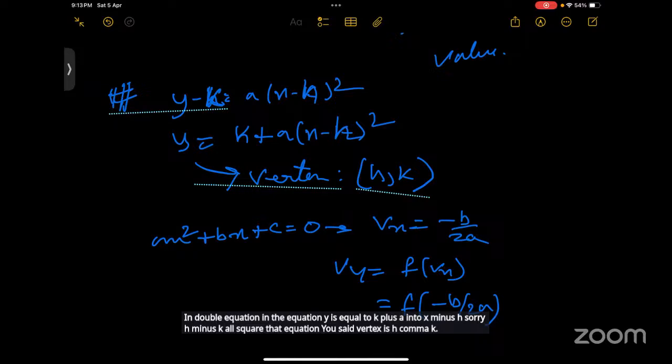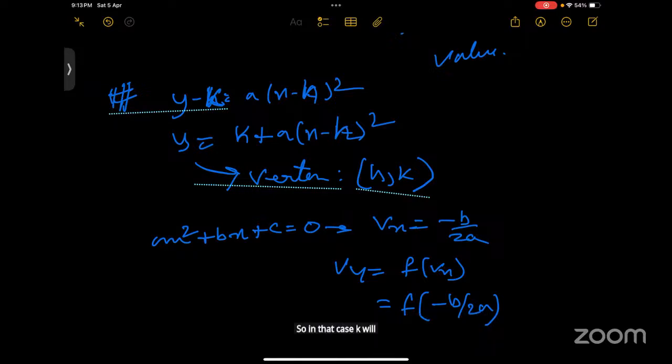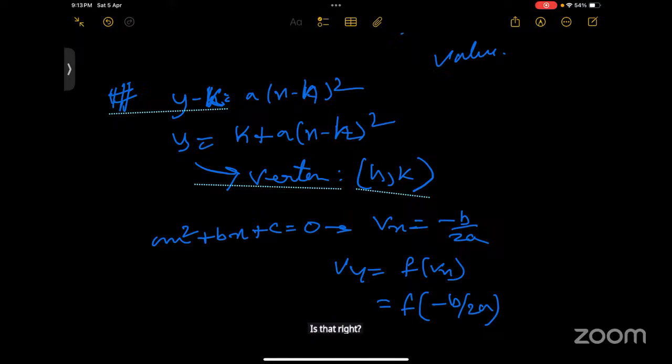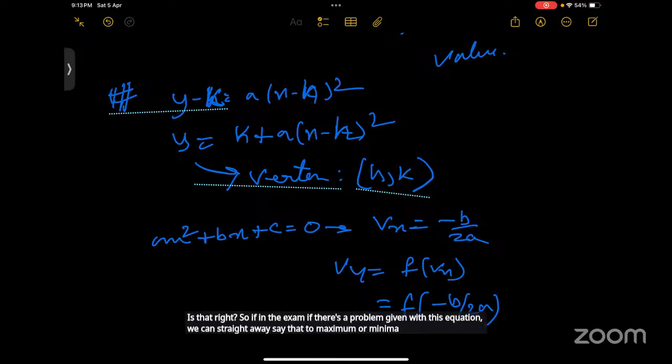So in that case, k will automatically become a minimum or maximum value depending on the polarity of a, whether a is minus or plus. Yes. So if in the exam there's a problem given with this equation, we can straight away say that the maxima or minima will be equal to k.